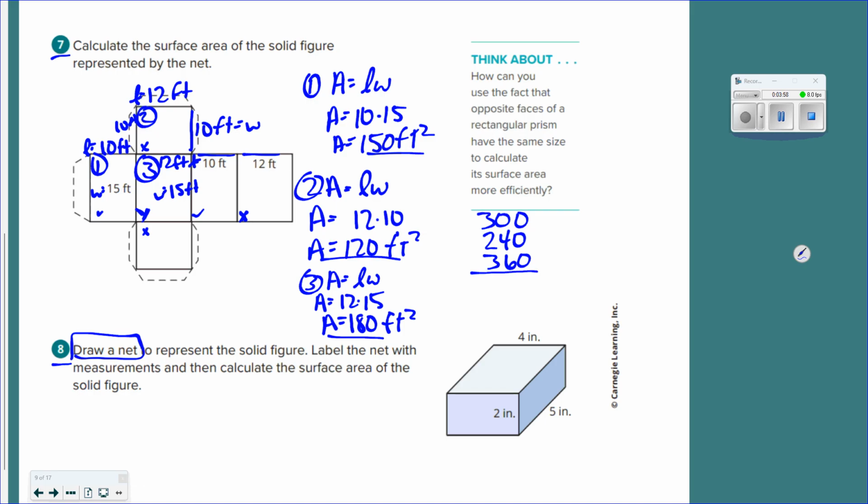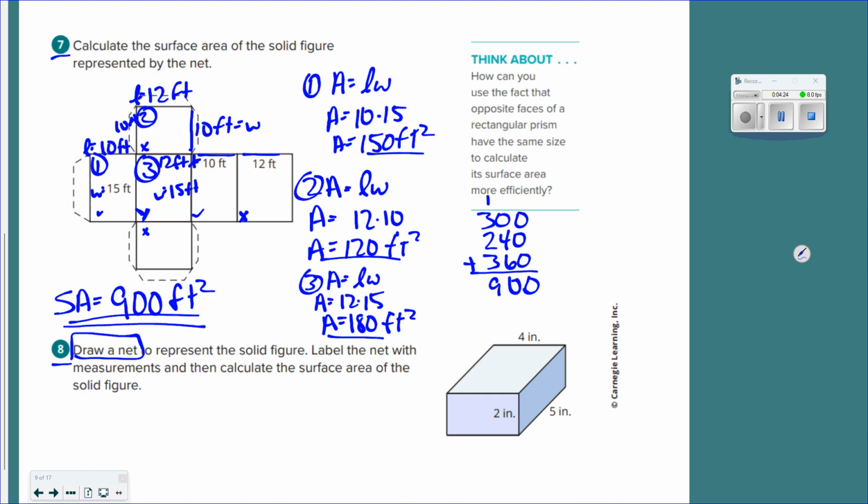Just add them all together. Now I'm just adding them. This is 0, 10, carry the 1, 4, 5, 6, 7, 8, 9. So what's my answer? 900 square feet. Make sense?